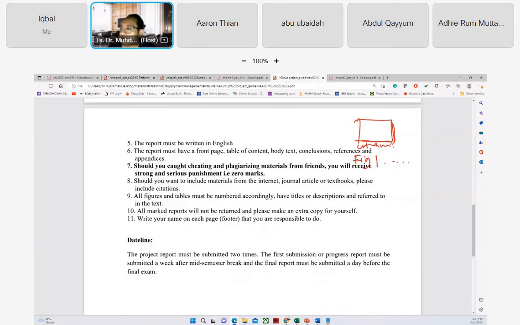All right. Accordingly, have a title or description and refer to it in the text. For example, don't just put the pictures or tables without explaining them in the text or in a statement in your reports. Okay.